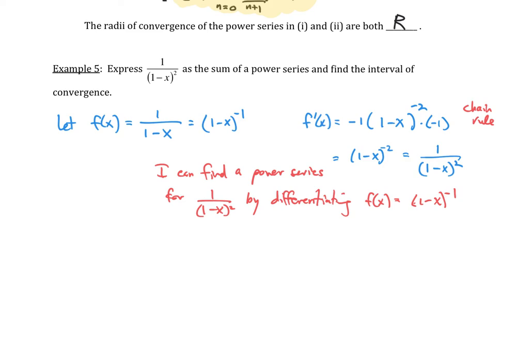The great thing about 1 over 1 minus x is that it is basically the geometric series.